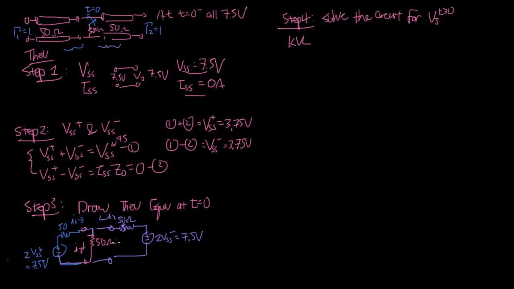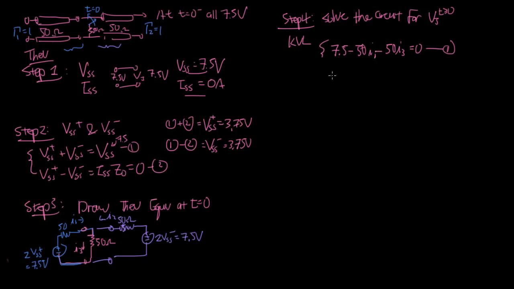We have this left-hand loop, this right-hand loop, and then the overall loop. So let's start with this loop over here. The first equation we have is going to be 7.5 volts minus 50 times I1, and then minus 50 times I3 is going to be equal to 0.